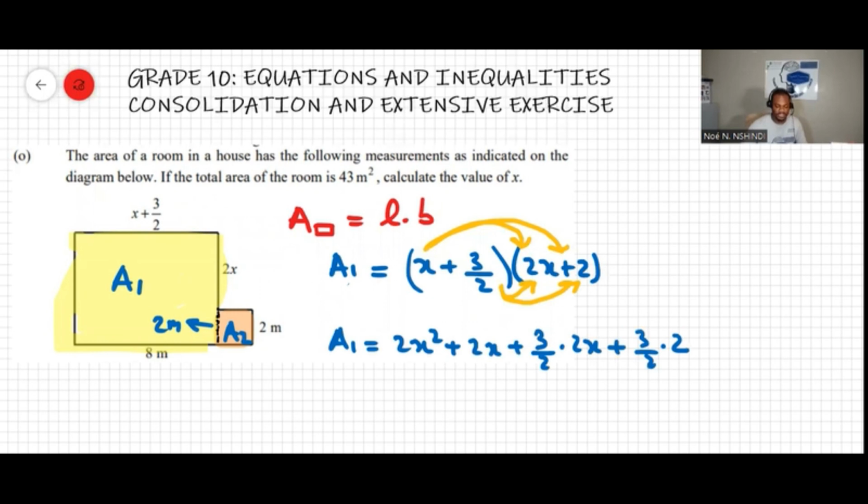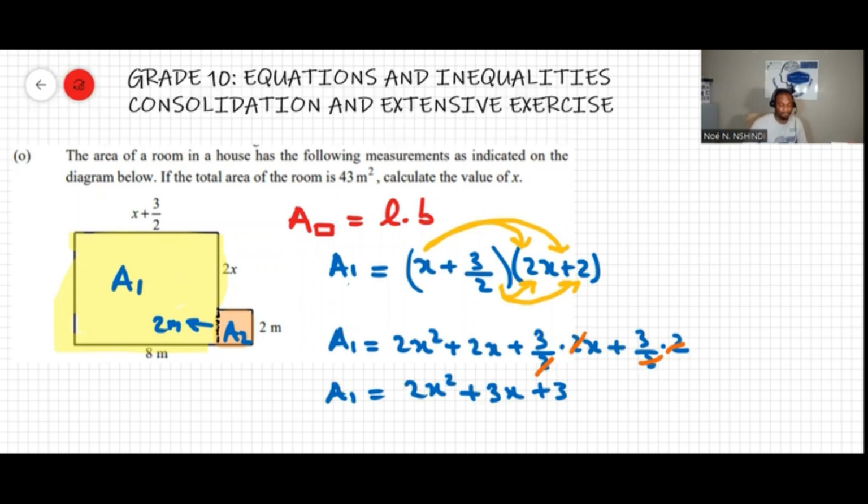Now this will be 2x squared plus, simplifying the 2 and 2, it makes 3x, and there also we can simplify and that answer is just 3. So this area 1 is expressed by 2x squared plus 3x plus 3.